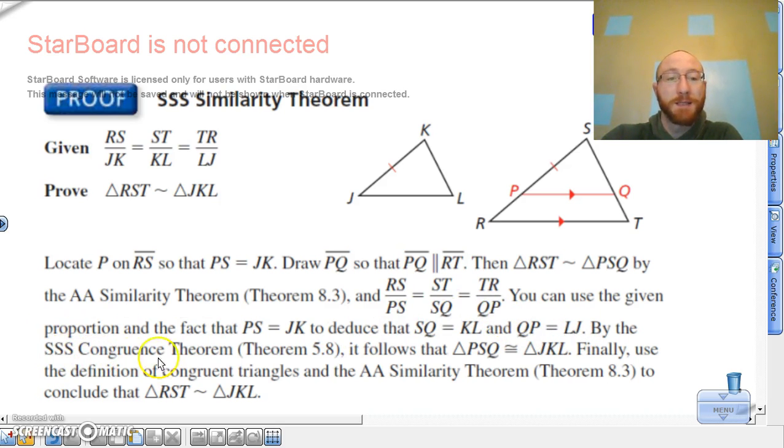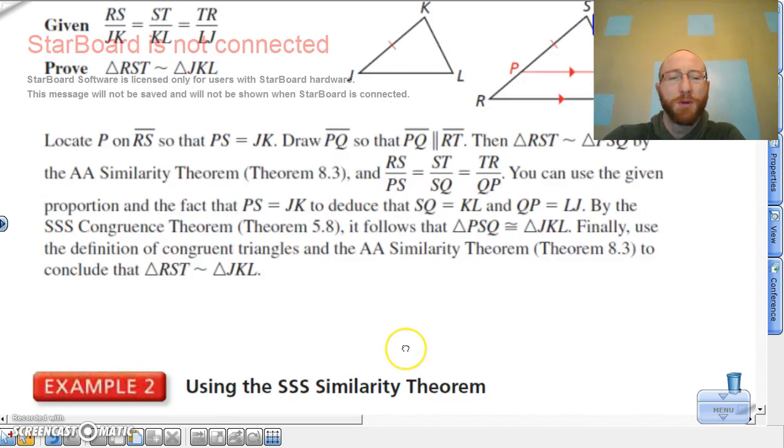So, by the side, side, side congruence theorem, triangle PSQ and triangle JKL are congruent. Now, since the triangles are congruent, and these two triangles are similar, we can use CPCTC to say this angle and this angle are congruent, go transitive, and conclude that triangle RST is similar to triangle JKL.